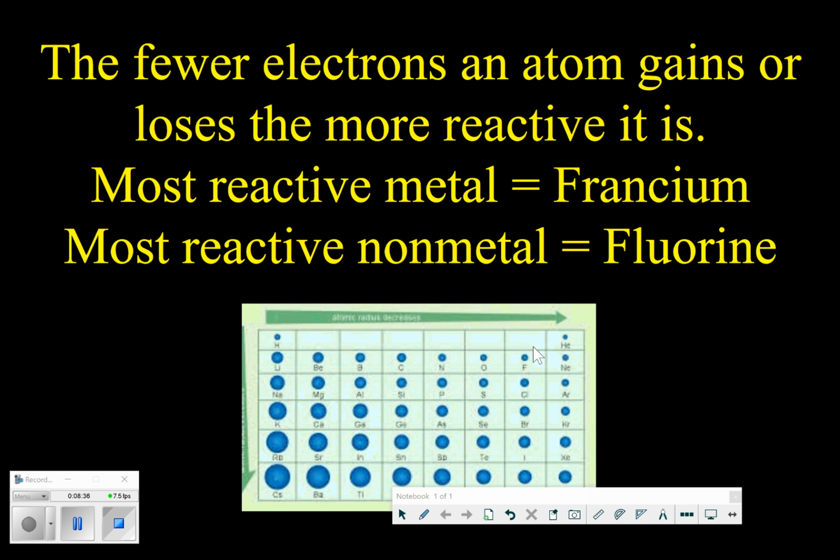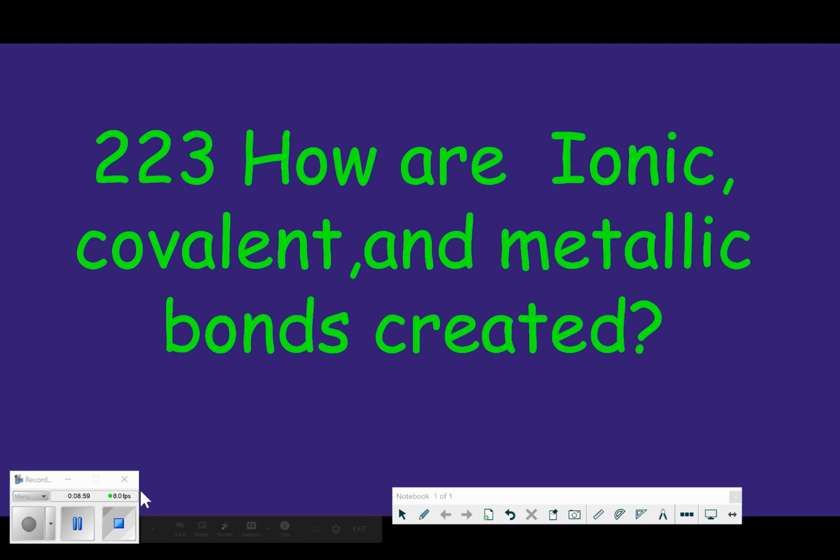Now, the most reactive nonmetal is fluorine. And as you move away from fluorine, it becomes less reactive, simply because it is much, much, much closer to this noble gas for it to react. It's going to want to react very, very quickly. Okay, and that is page 222.